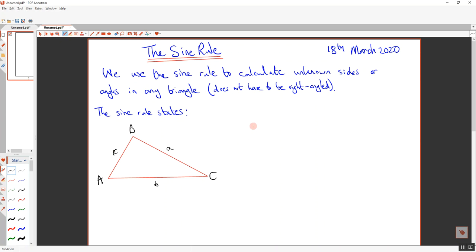Okay, so the sine rule says sine A over A equals sine B over B equals sine C over C. And I want us to get into the habit of thinking we're going to use this one to find angles.